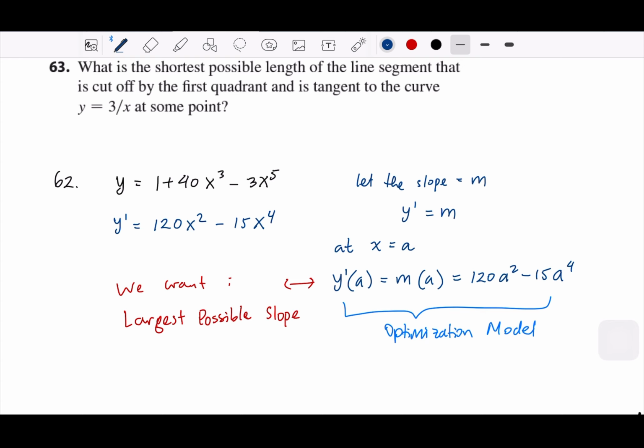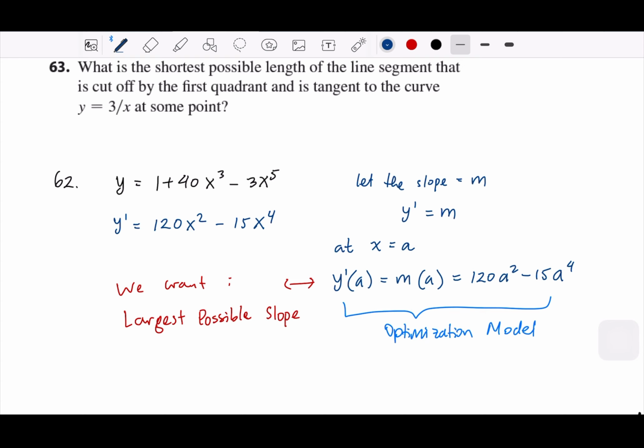But in our case here, sometimes you get confused and you are going to derive this equal to 0. So this is how we understand the problem. The problem says the largest slope from the tangent line of the curve. So we have the tangent line and we have the slope. But the slope itself, we need to find the largest possible. So we are going to derive one more time.